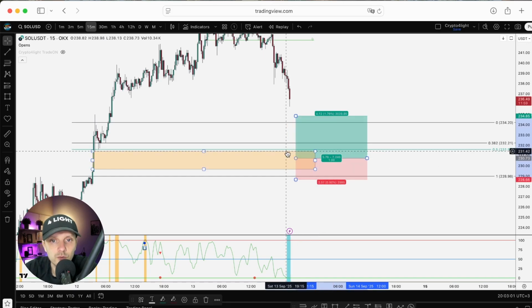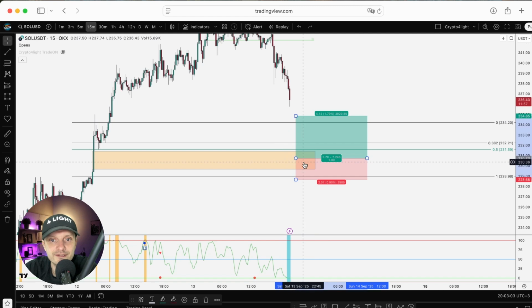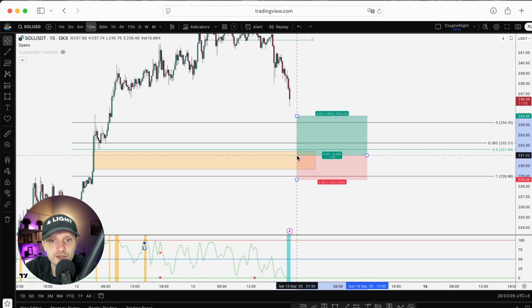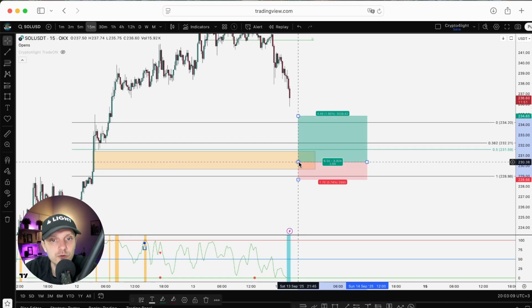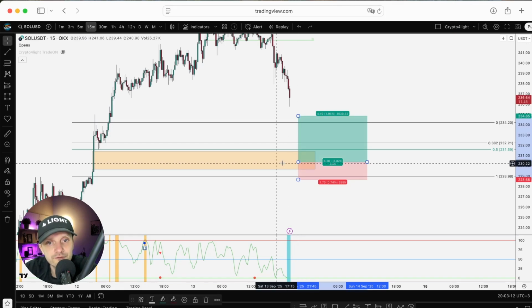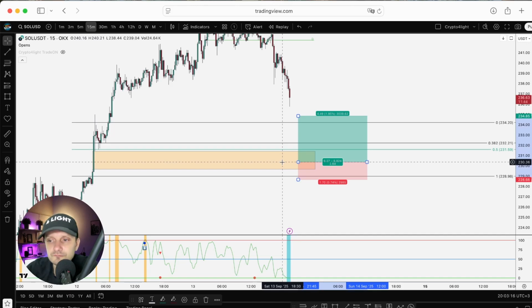But if I get one limit order and a second one, my entry will be here, so like a 1% stop loss. If I open the position not so aggressively, I want to open here at 230. Also, a small tip: almost never do the market makers give you the option to open a position at a clearly round number, right? So put like 230 and 45, something like this.